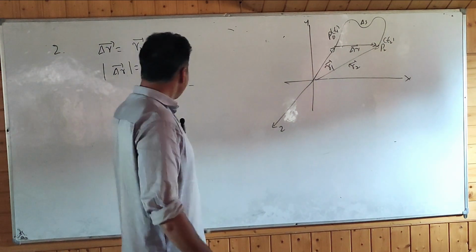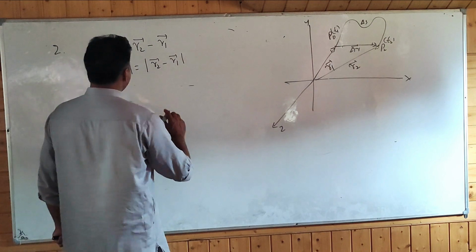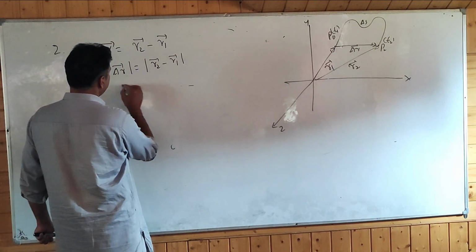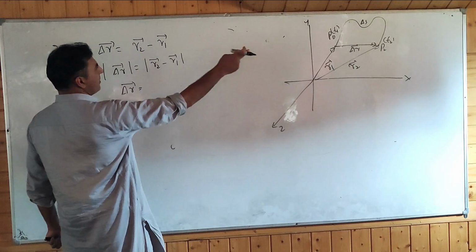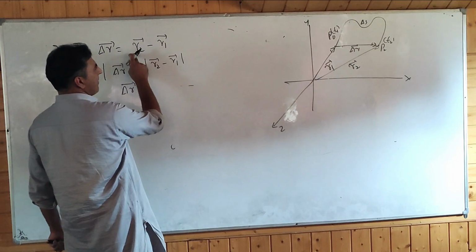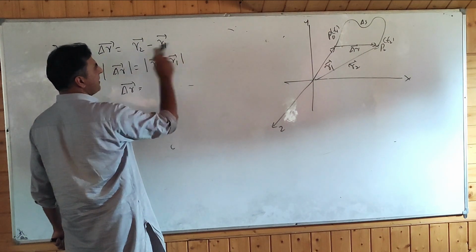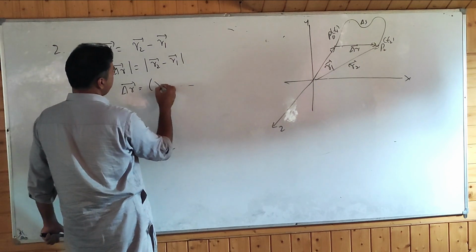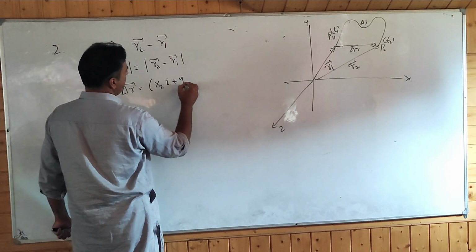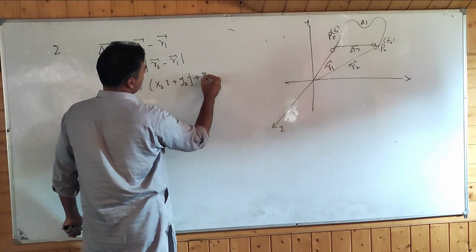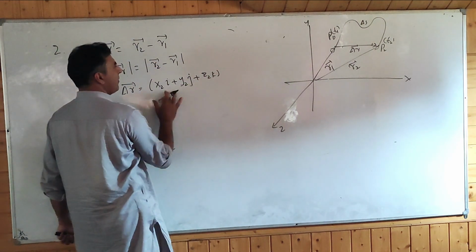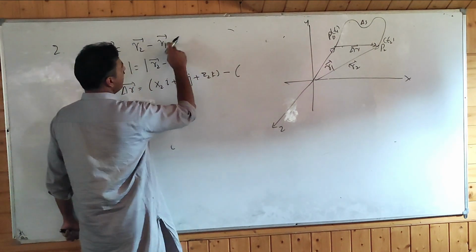Okay. Now, in terms of coordinates, what is delta R? R2 is a vector, position vector. What is this position vector in terms of coordinates? That is x2 i plus y2 j plus z2 k. This is R2. What is R1?